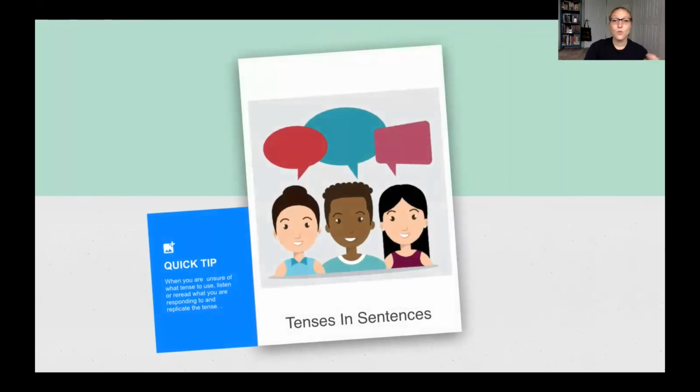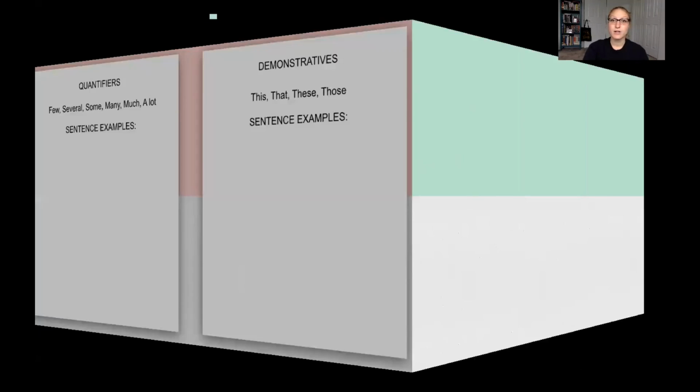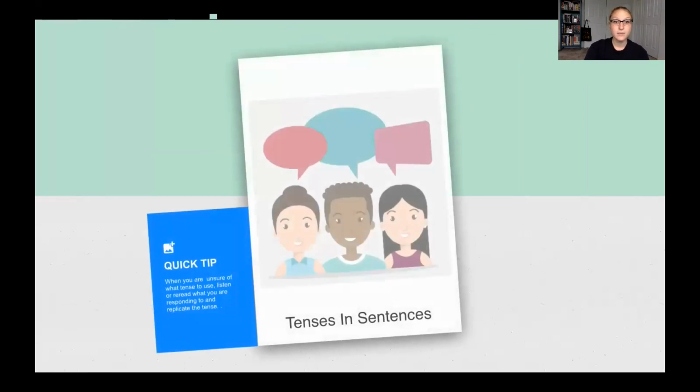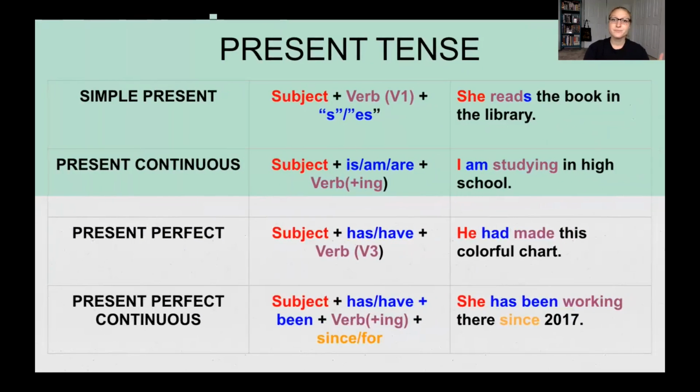And now, what I want us to look at together, tenses in sentences. Oh, before we go, I want us to make sure we see that quick tip. When you are unsure of using a tense, listen or reread what you're responding to and try to replicate that tense. All right, now we're going to cover present tense.